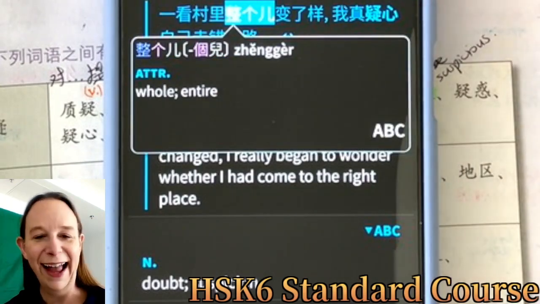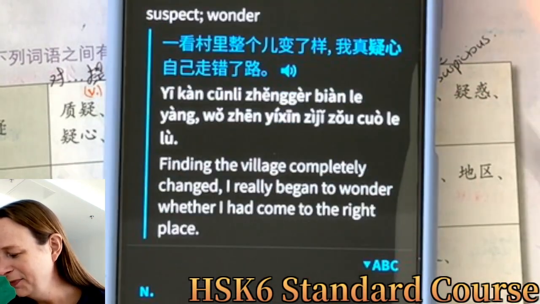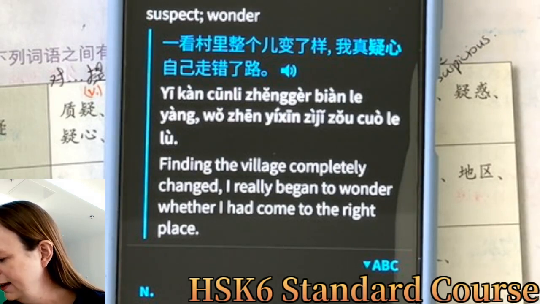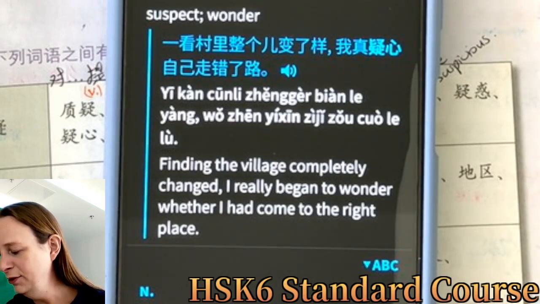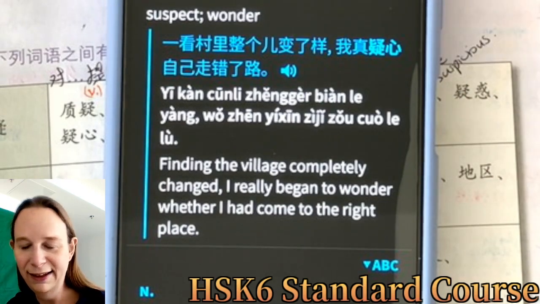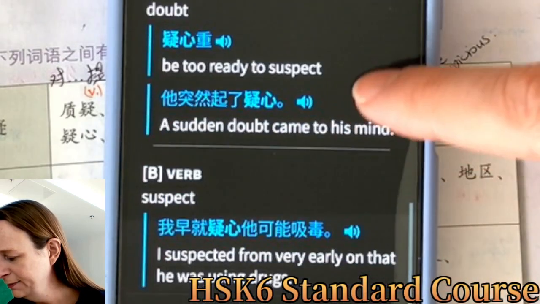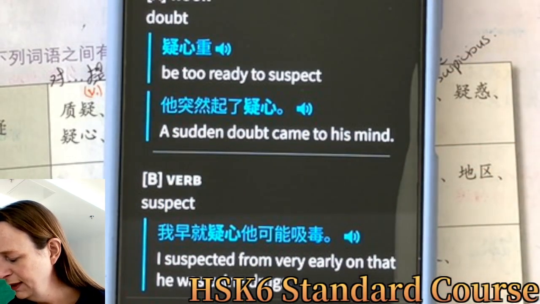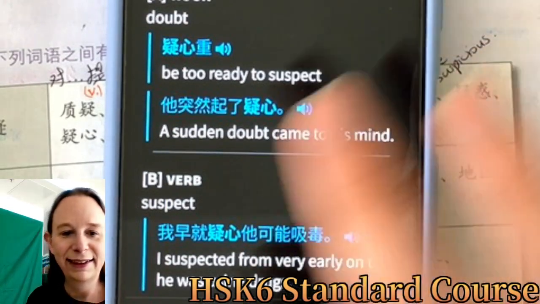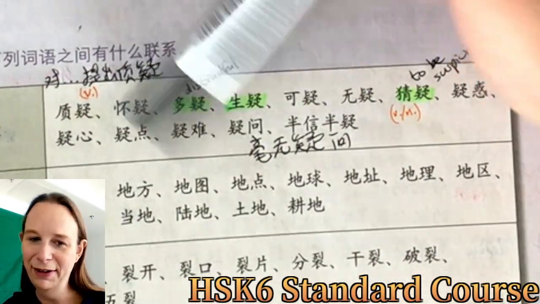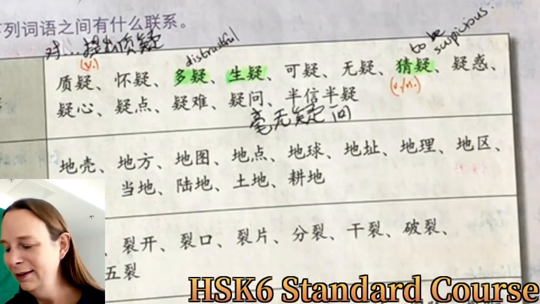Okay, that's a word. I didn't realize. 整个变了样，我真怀心自己走错了路。So this is just 怀疑. That seems to be identical to 怀疑. It's one of the definitions, right? Yeah. I don't know. Do I need to know that? I don't recall seeing it ever before.